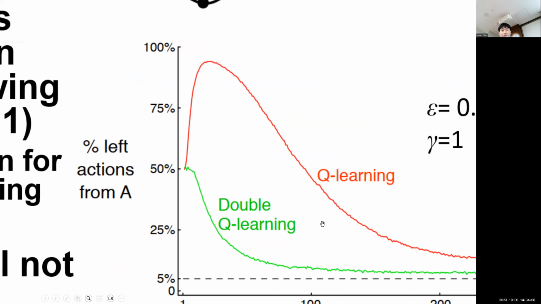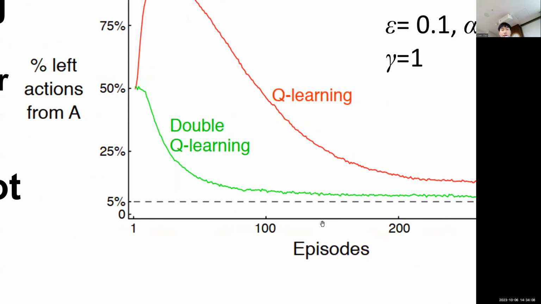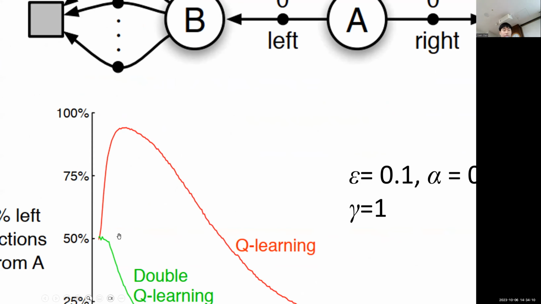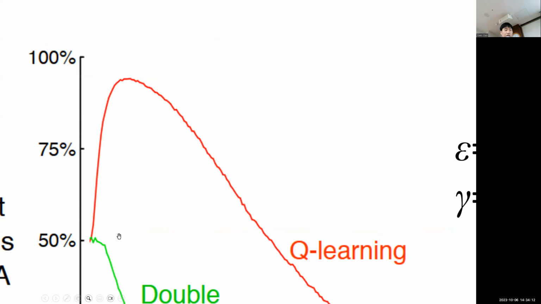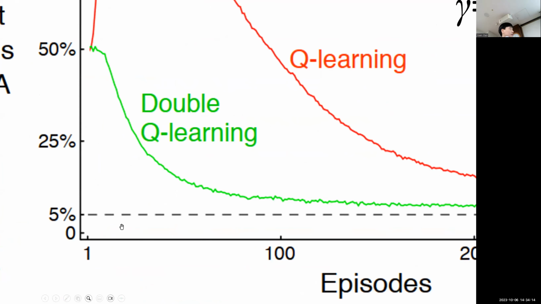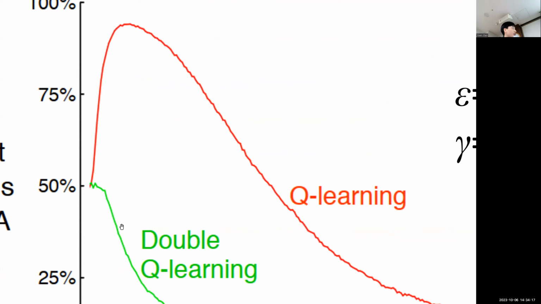Then if we look at the diagram carefully, initially there's an upside down. They have some probability to select those less desired left actions.